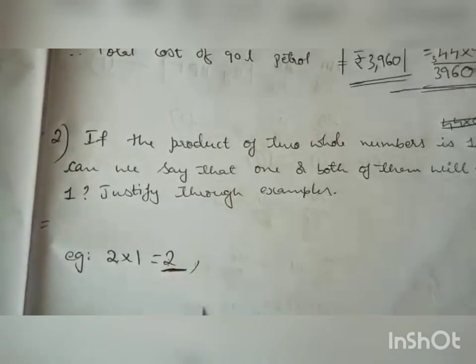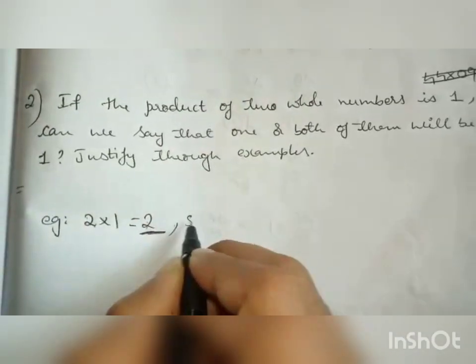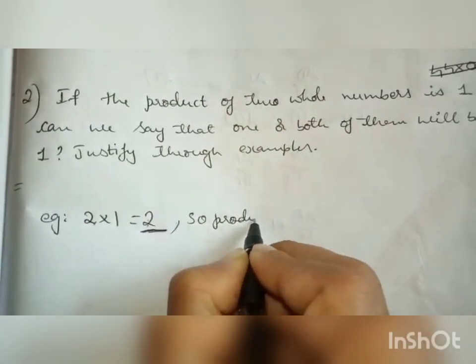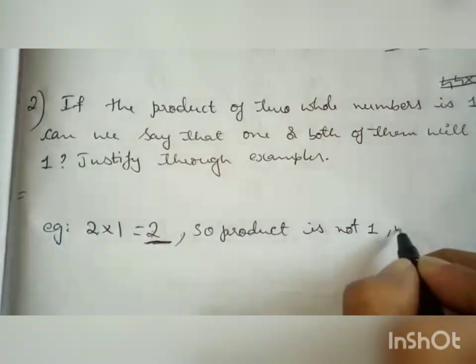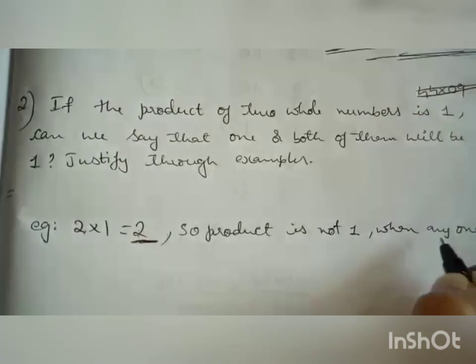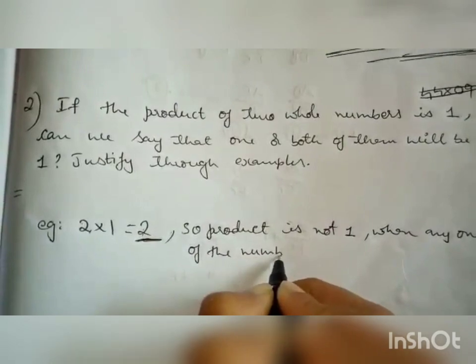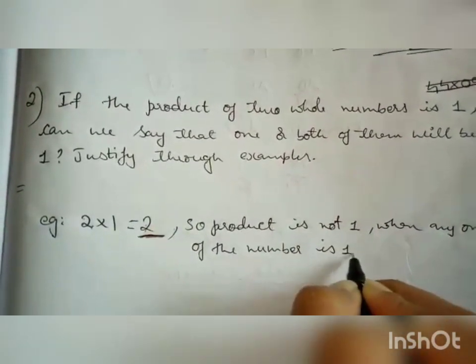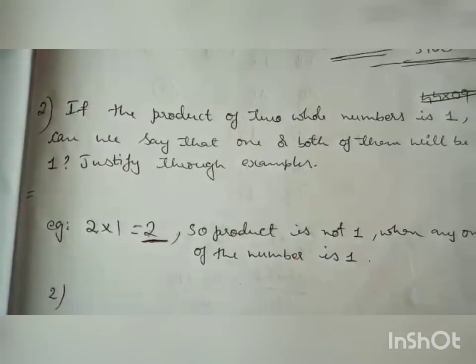So we cannot get 1 as the answer. So the product is not 1 when any one of the numbers is 1.